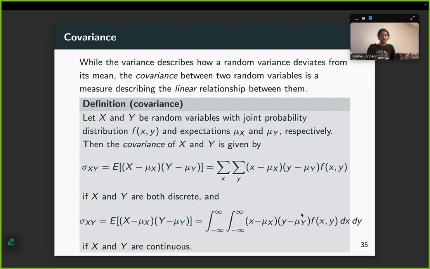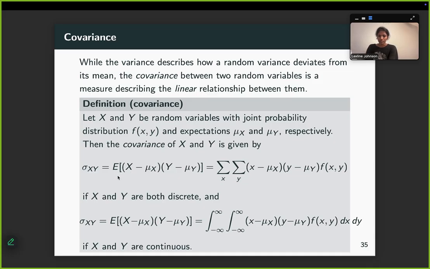Let X and Y be random variables with a joint probability distribution f(x, y) and the expected values mu of X and mu of Y. Then the covariance of X and Y is given by the formula below.